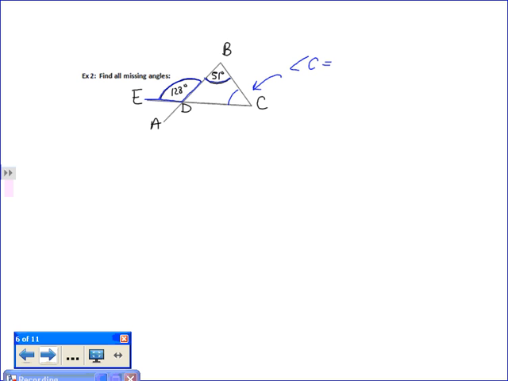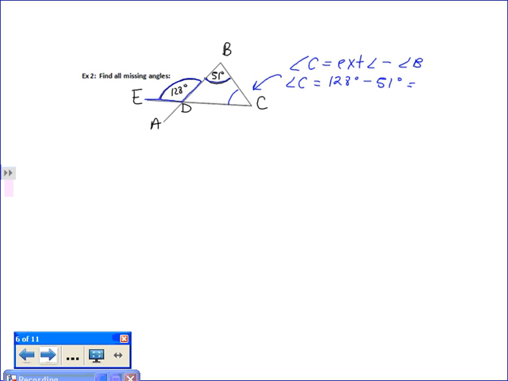So angle C, I know that angle C plus angle B is going to equal 128 degrees. That's true. So angle C is going to be equal to the exterior angle subtract angle B. Okay, so let's go ahead and solve for that. So angle C is equal to 128 degrees subtract 51 degrees.